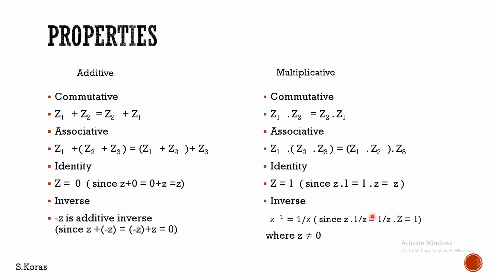Your z value should not be 0. If it becomes 0, it will become infinite and you cannot get the inverse. This is very important. So I hope you have understood the simple properties of addition and multiplication between two complex numbers.